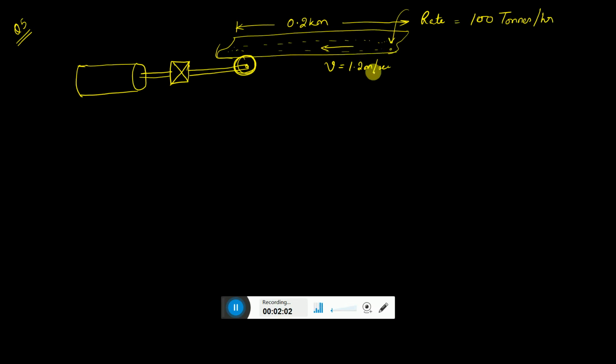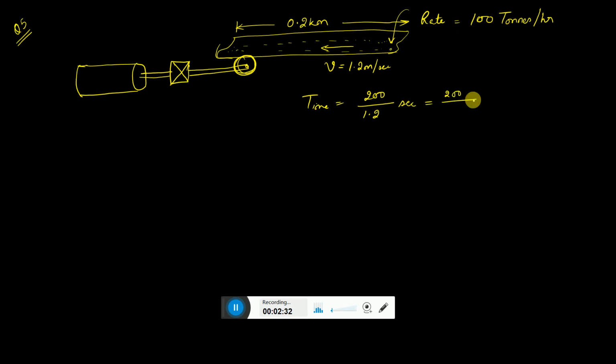So time taken to take the coal from one end to another end: the distance is in kilometer, let us keep it in meter, 200, and the velocity is 1.2 meter per second, so you will get this value in seconds. Now you can convert this into hour.